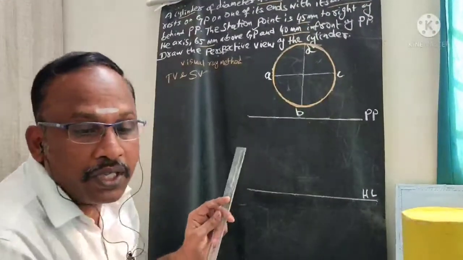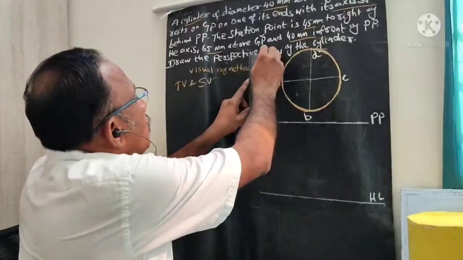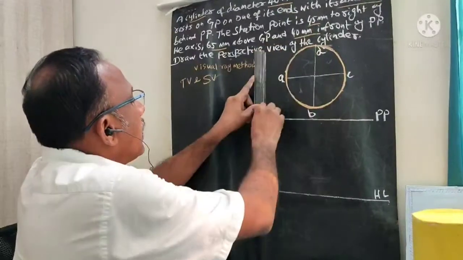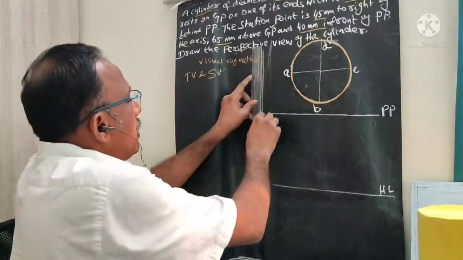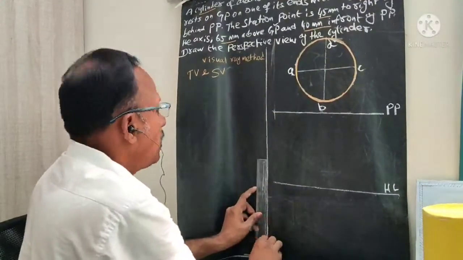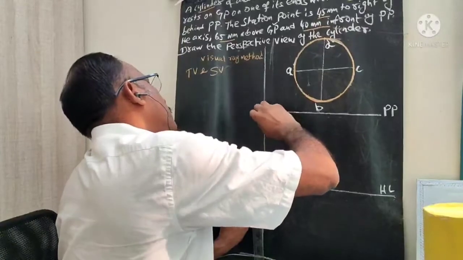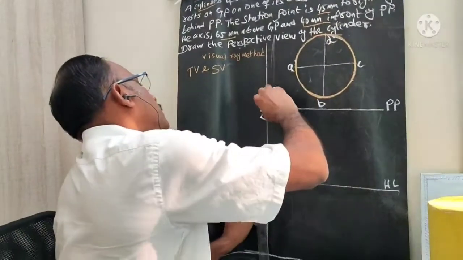Now I am going to draw the side view. How are we going to draw the side view? For this you draw another PP line. This is my next PP line, which I call PP side view.